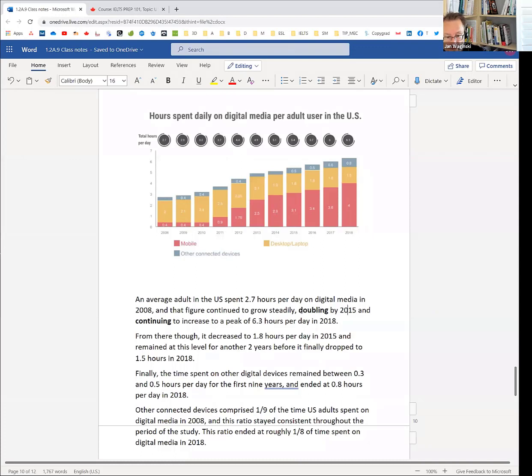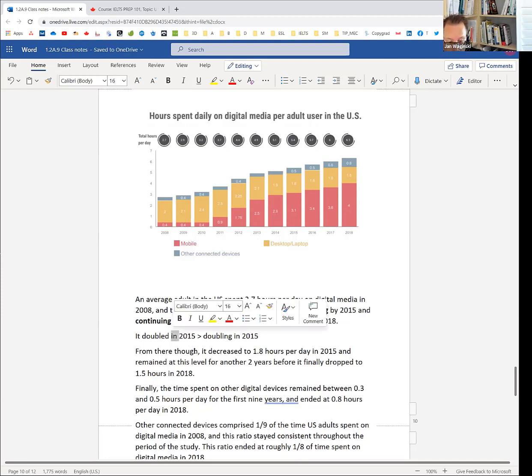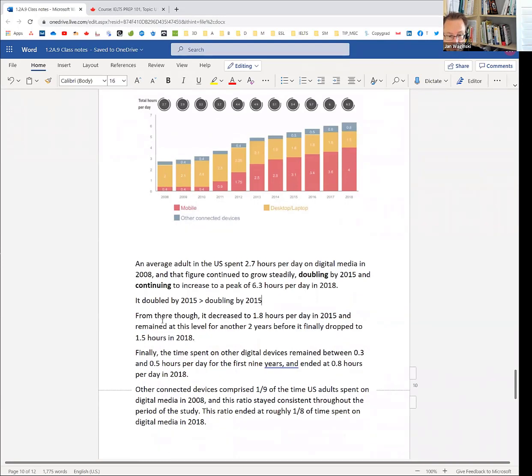So it doubled by 2015. The participial version would be doubling by 2015. In, by, doesn't matter. Okay. Kelly, how about the next one?